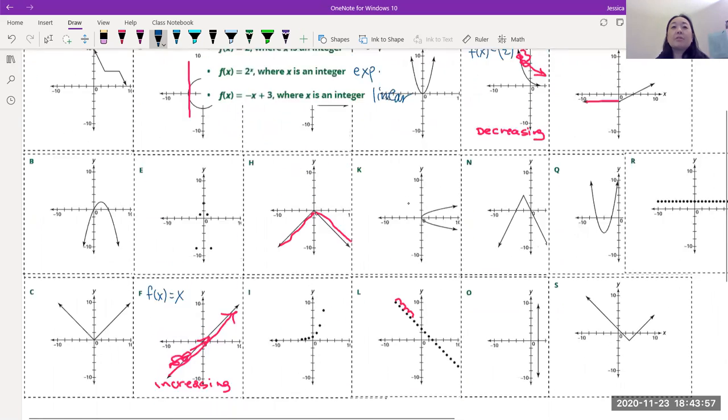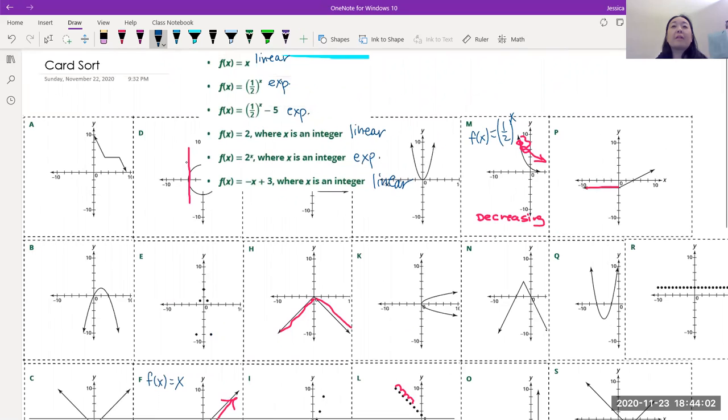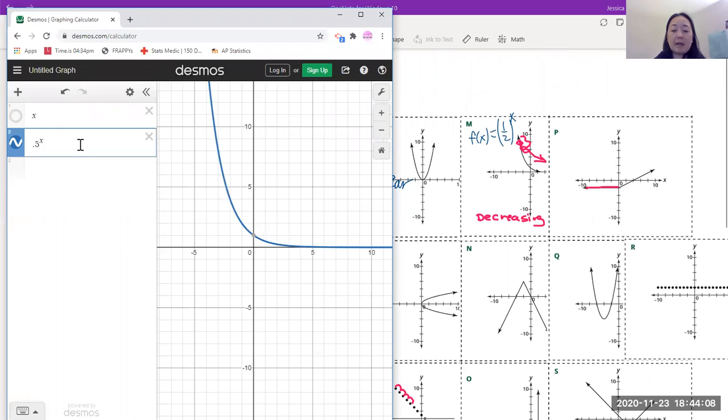And then we're going to do some of the other ones. So 1/2 to the x minus 5. So this is really close to what we were doing before, except we're just going to have to add in a minus 5. And notice what that does. That just brings that right down, right? So the exact same shape, still decreasing, except it's just lower. Okay.